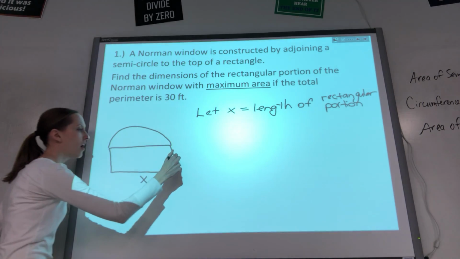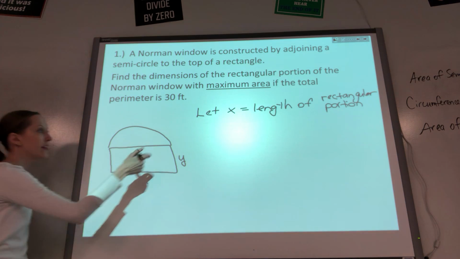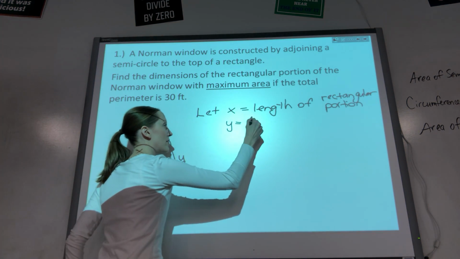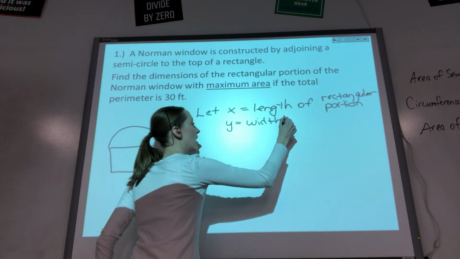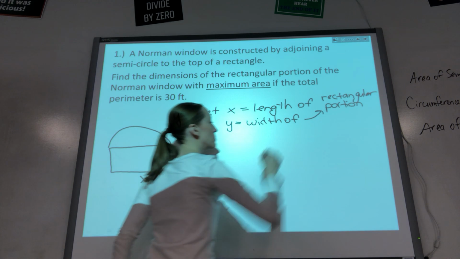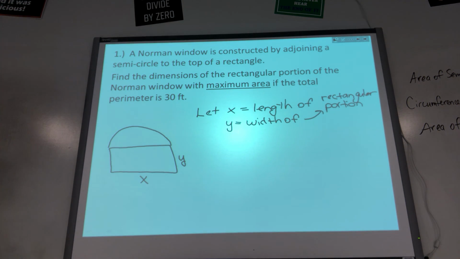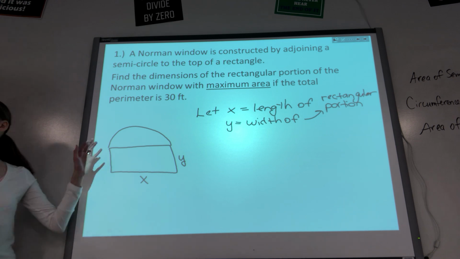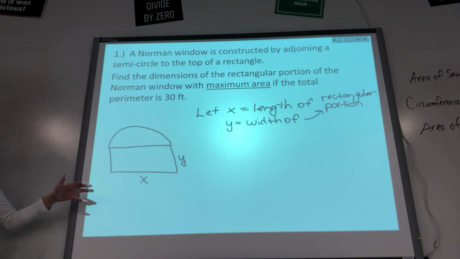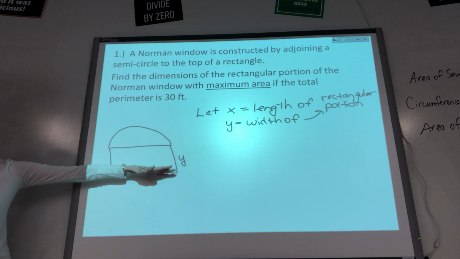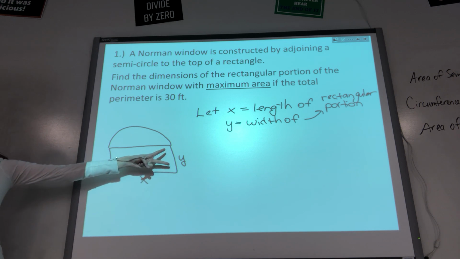And I'll call this part the width of the rectangular portion. That is the goal of this problem, to find out what the length is of the rectangular portion and to find out what the width is.